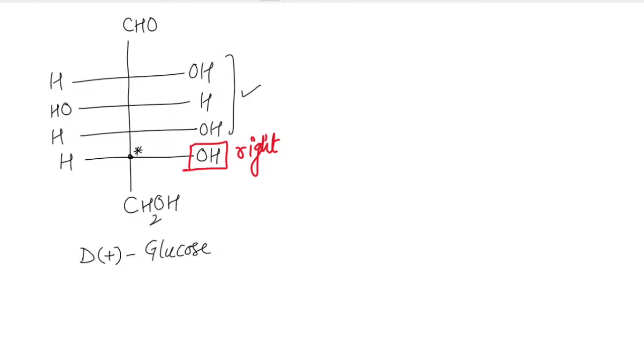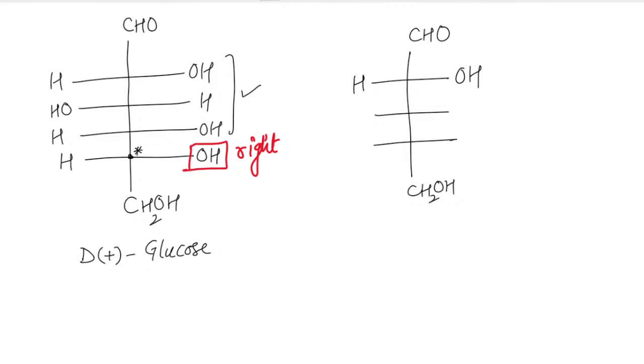Okay, even if we draw the structure for ribose, there are 5 carbons, H OH, H OH. Now the last one is also H OH.